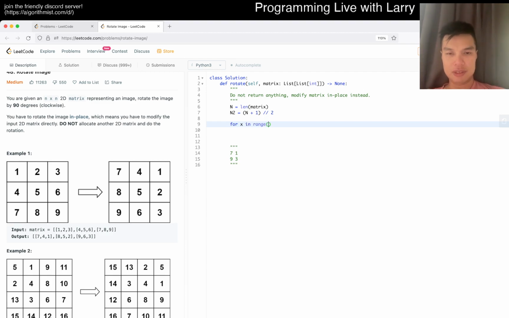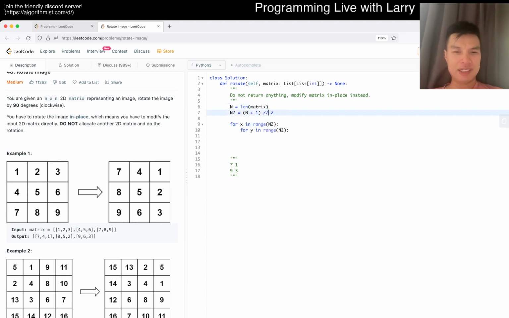Now we take a quadrant. I'm trying to think whether it's inclusive or exclusive. If n is 3, like in this case, then this would be 2, so this does not have to be inclusive.